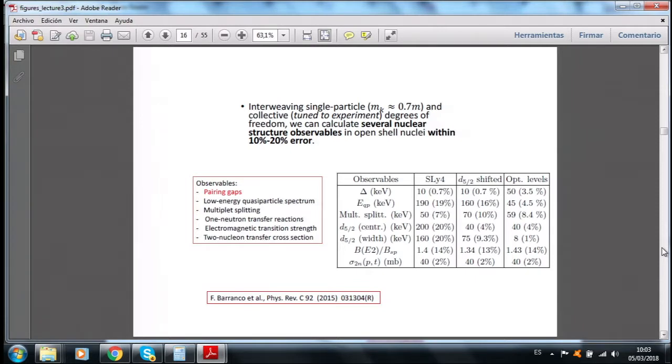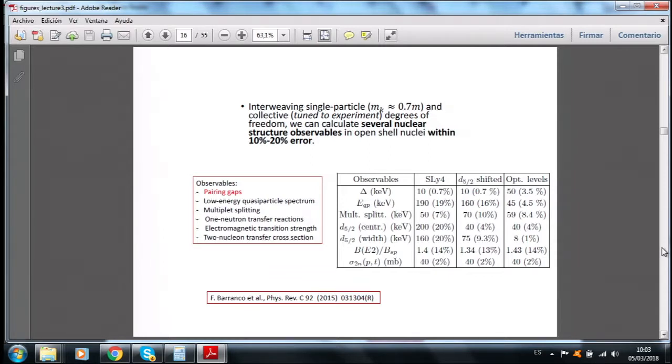This is with a slightly optimized Skyrme interaction, but as I told you, there is not a single Skyrme in the market that has been fitted in order to leave room for the particle-vibration coupling.